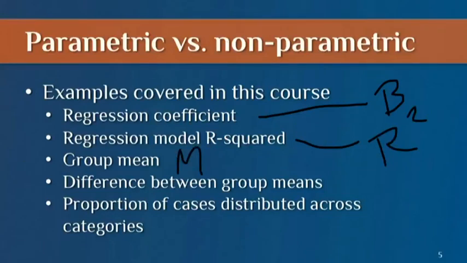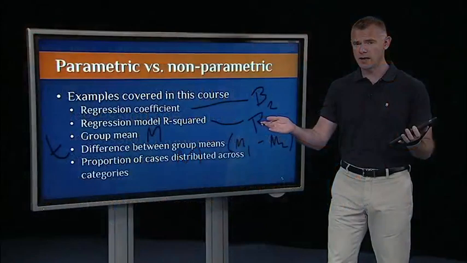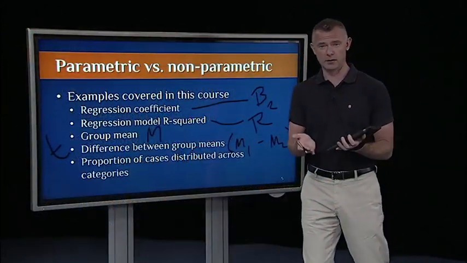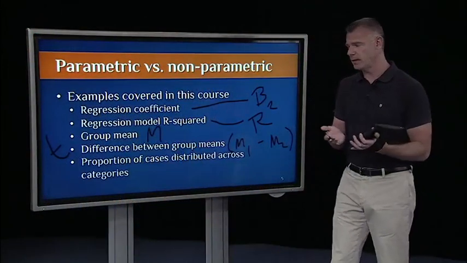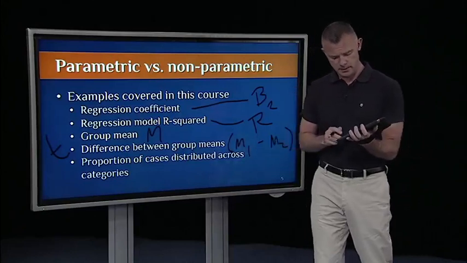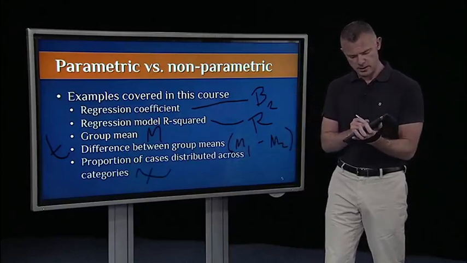We looked at the difference between group means, so I could get a group mean for group 1, a mean for group 2, and do the independent t-test, for example. So in each of these cases, we did a t-test. And then we looked at the proportion of cases distributed across categories in the chi-square test, in the goodness of fit test, and in the test of independence. So there we looked at chi-square.